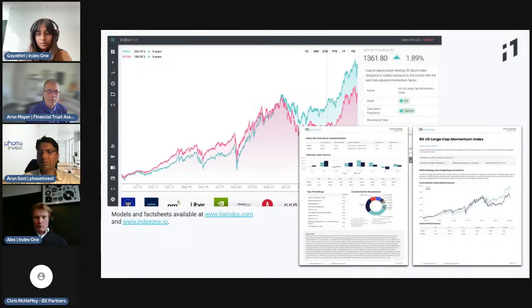What I find particularly interesting is using proprietary models and proprietary data to build these indices.